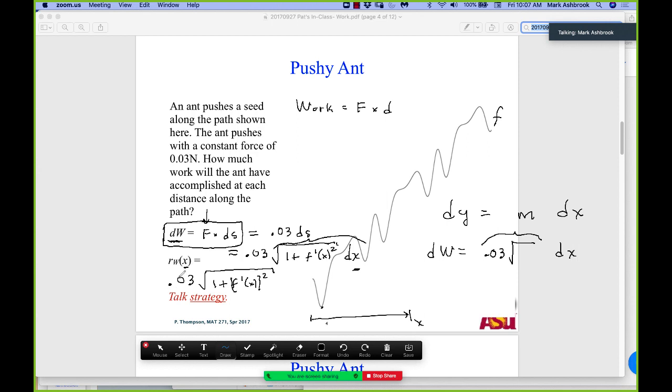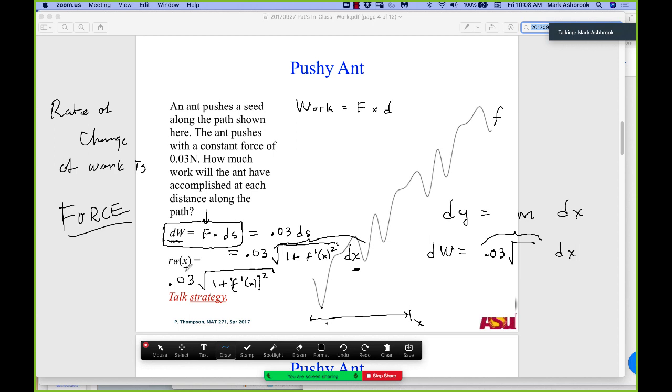0.03 is the force. But we just have this kind of a geometric transformation from arc length to x. But rate of change of work in general is force. That's an important key point here.